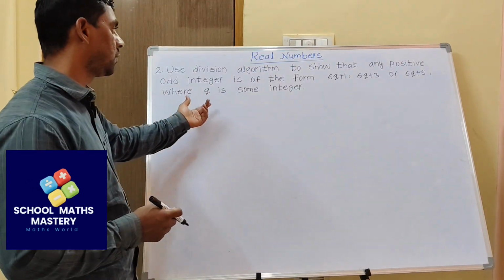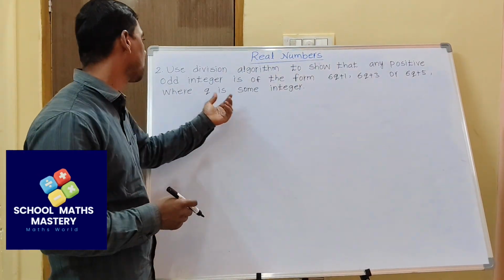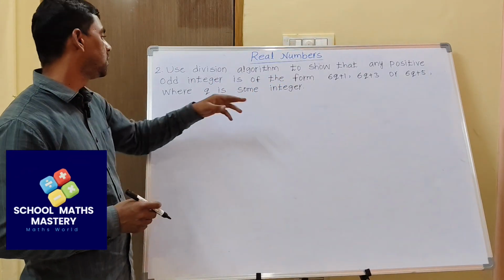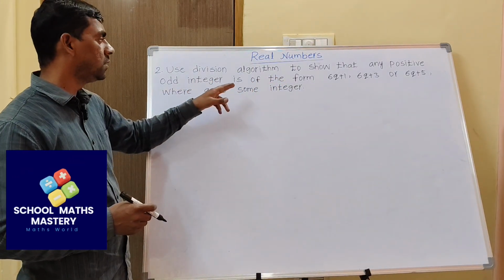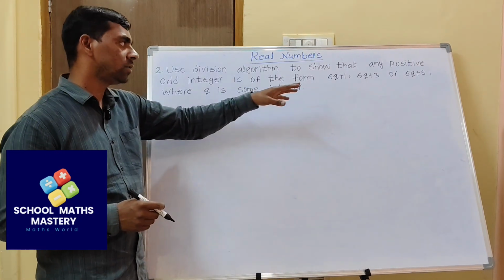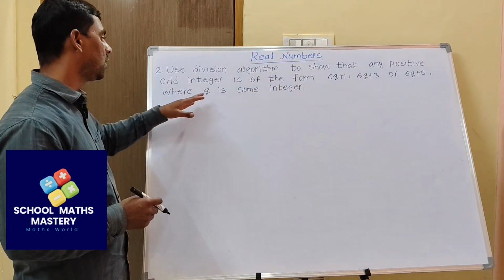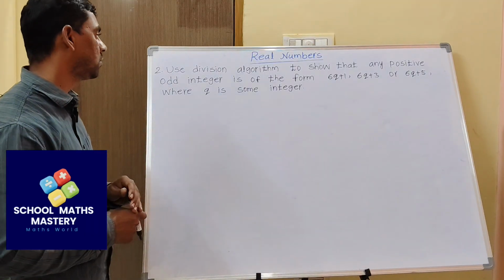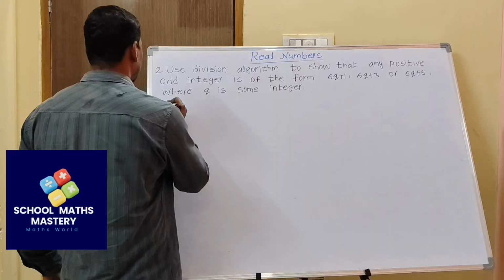Second question from exercise 1.1: use division algorithm to show that any positive odd integer is of the form 6q plus 1, 6q plus 3 or 6q plus 5, where q is some integer. Okay, now we are going to solve the problem.